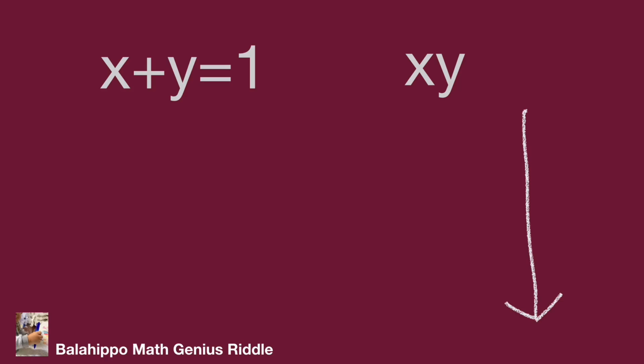Let's review with certain numbers. While x equals 1/9, y equals 8/9, then x times y equals 8/81.